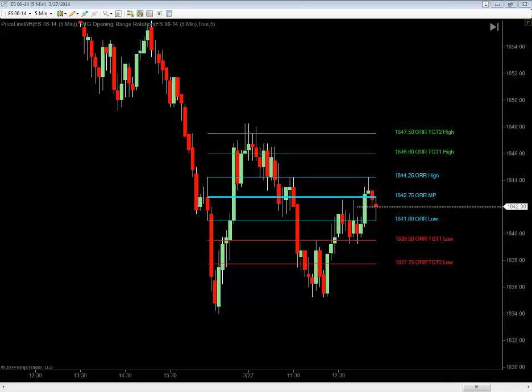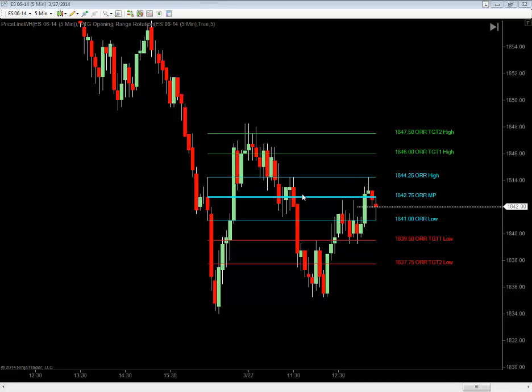Okay, on this example, one of the options that the trader has with this opening range rotation indicator is to add price targets, symmetrical price targets. So very simply, you get that 5-minute high-low midpoint established, and then we have some symmetrical price targets.